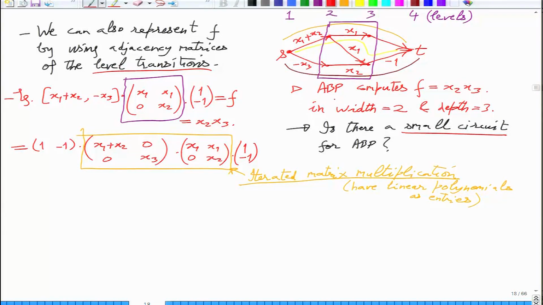It was not obvious from the picture, but this representation immediately gives you that. So ABPs have small circuits, but may not be true for formulas.